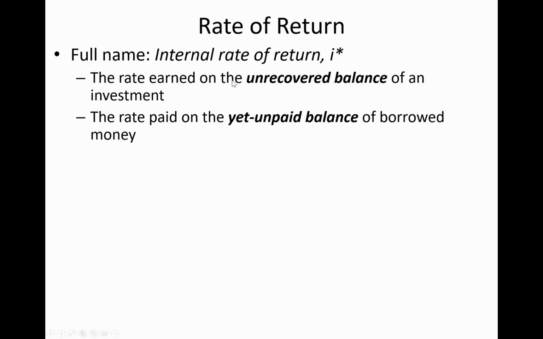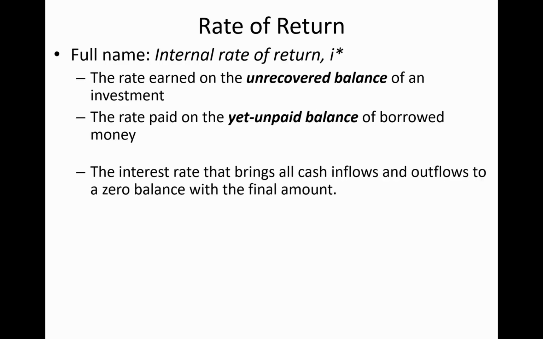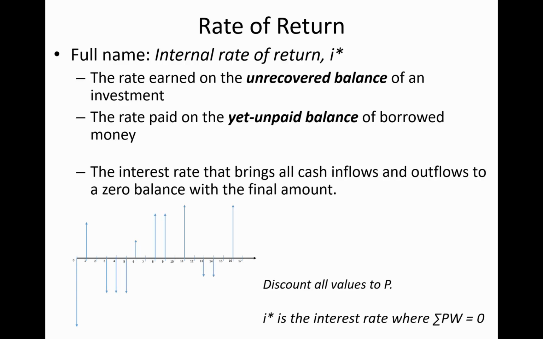Okay, so the internal rate of return, i star, is the rate of return that's earned on an unrecovered investment balance. And you can think of it, if you are the lender, as the rate that you're earning on a yet unpaid balance of borrowed money. So it brings equilibrium between the inflows and the outflows, and then at the end of the cash flow diagram, there's zero balance.